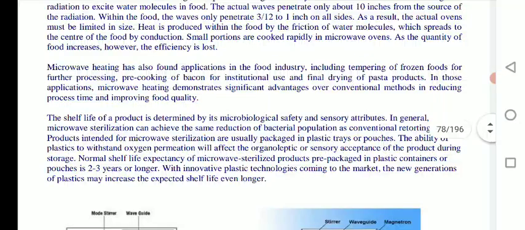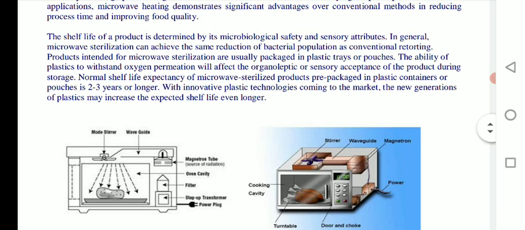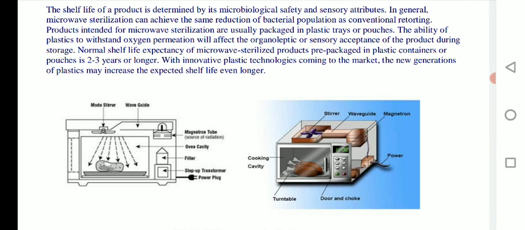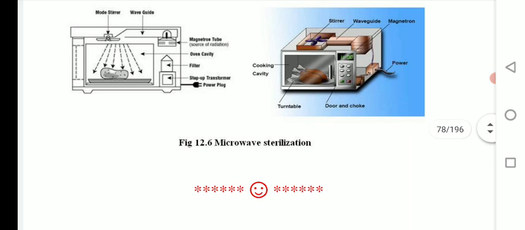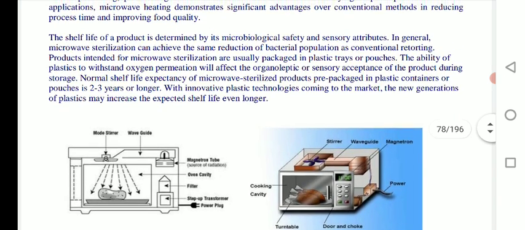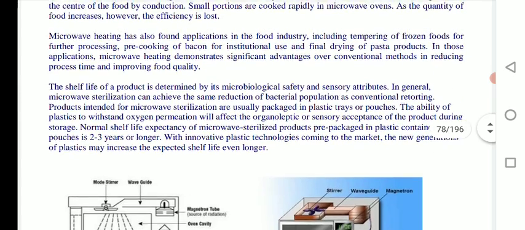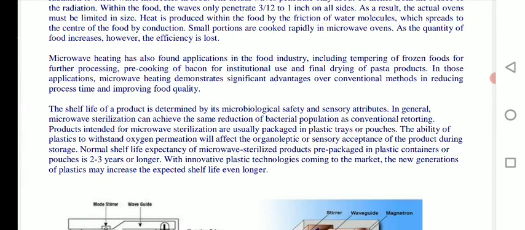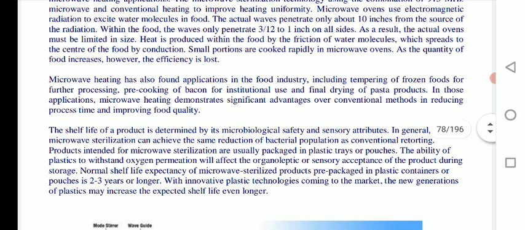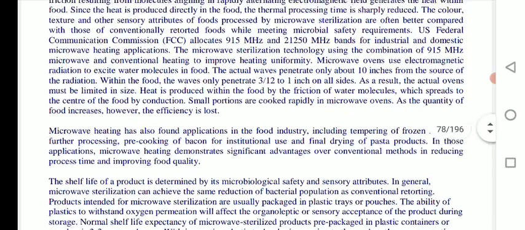This kind of treatment is used for specific foods, and we can expect a longer shelf life after microwave sterilization. So here you can see microwave sterilization, and the apparatus used for sterilization is known as a microwave. This can be used in the food industry, including various kinds of frozen foods which are sterilized by using this temperature.